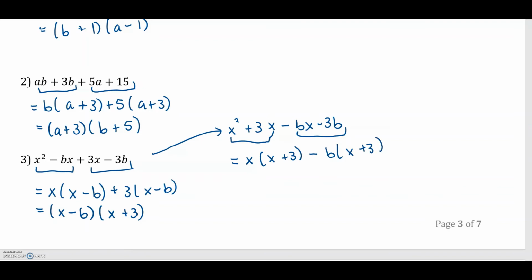Because I factored out a negative sign, this becomes positive. Now we have another common factor of x plus 3, and we're left with x minus b as our other factor. So we end up with the same result, even though we used different groupings.